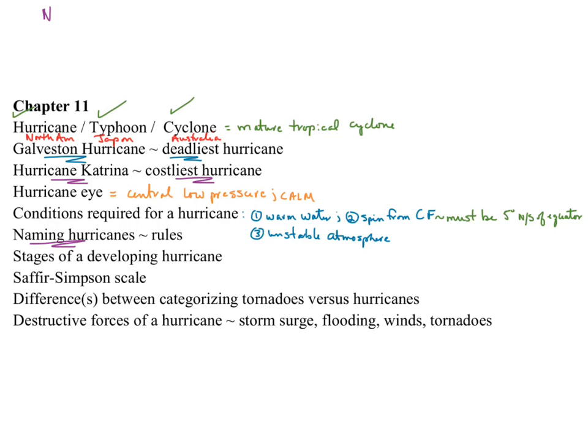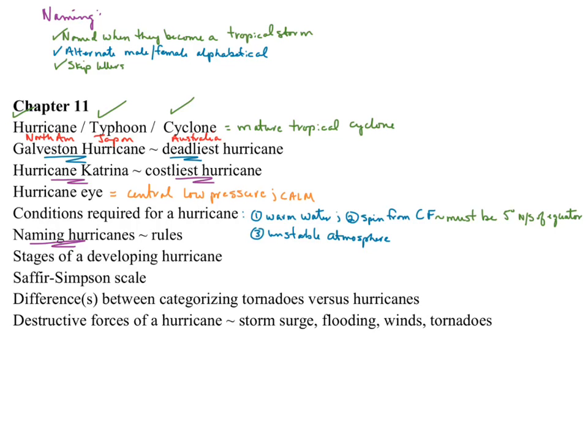Naming hurricanes. All right, so I jotted down, I think I got most of them. One of the things is that hurricanes are named once they become a tropical storm. We'll talk about that, it's a stage of a tropical cyclone. We alternate male and female names to name our hurricanes. We skip letters like Q, U, Z, X and Y. Each basin actually has its own set of names.